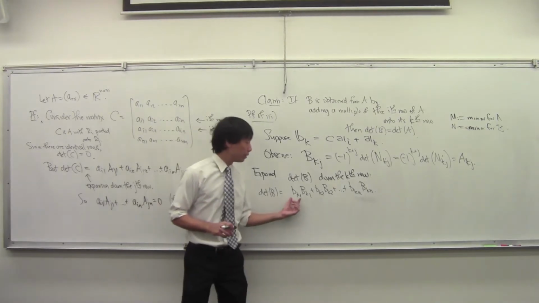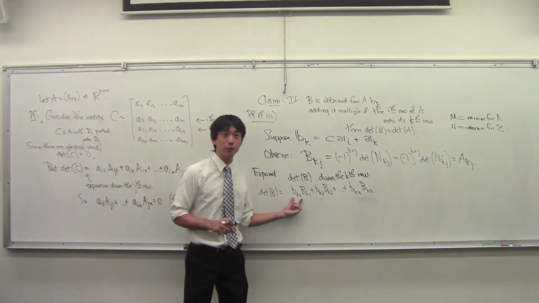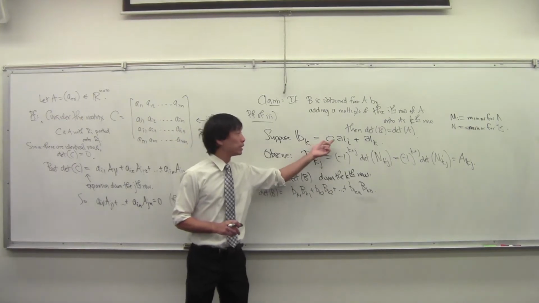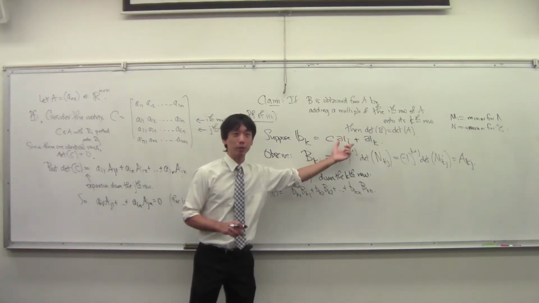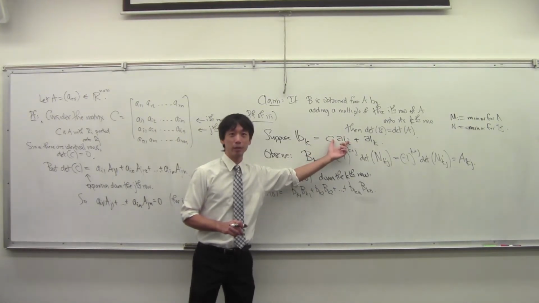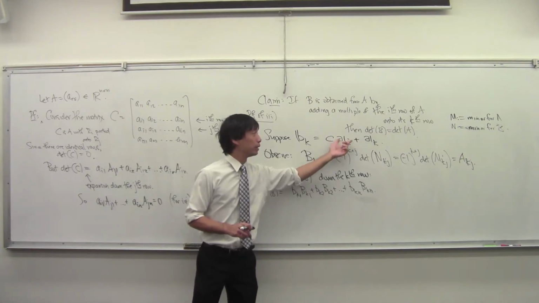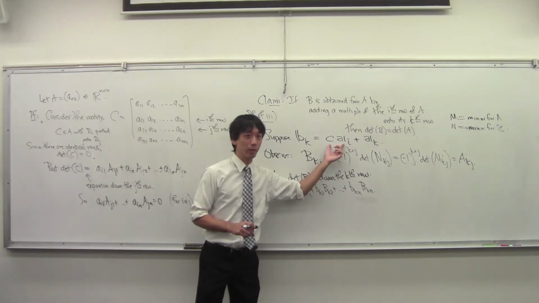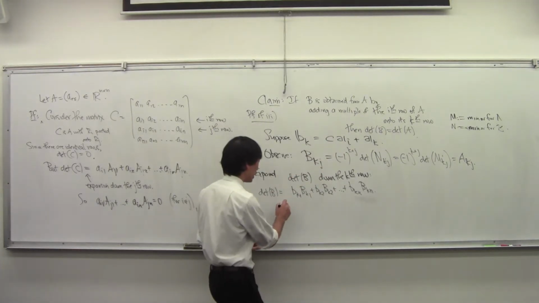But what are the entries of B along the kth row? Remember what the kth row of B is? It's C times the ith row of A added onto the kth row of A. So what's BK1?